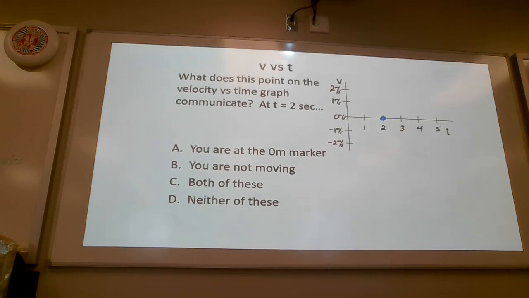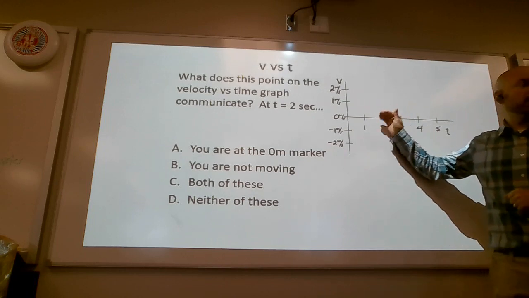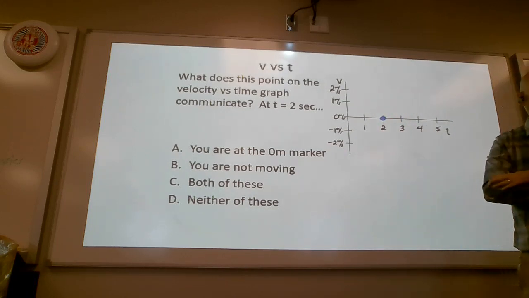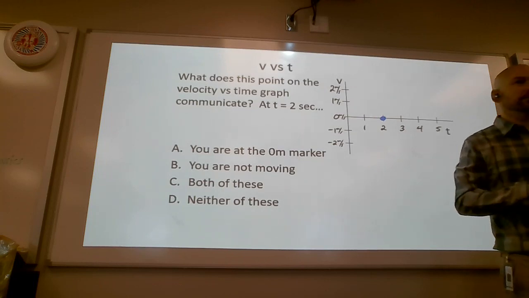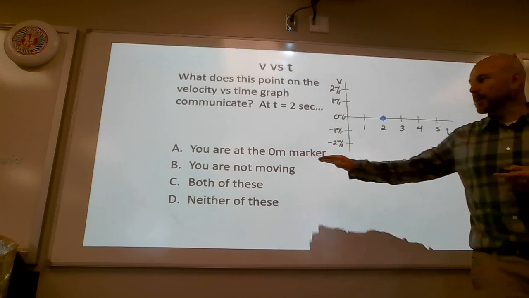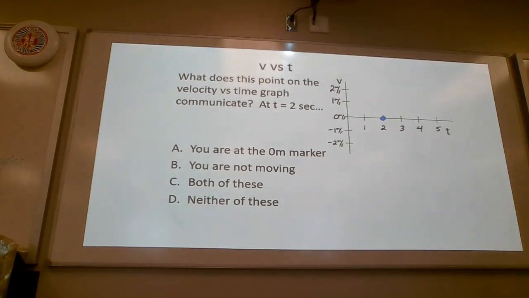Okay. It could be at the 0 meter, but it sure could not be as well. You don't know. This does not tell you position, your location. This just says what your speedometer is doing. Okay with that? Okay. So only B.